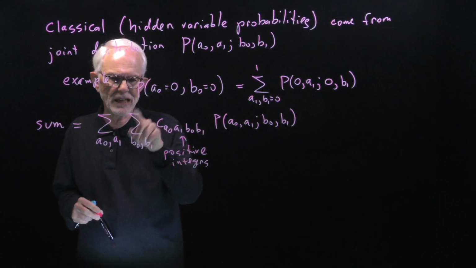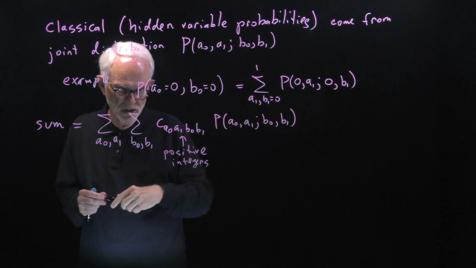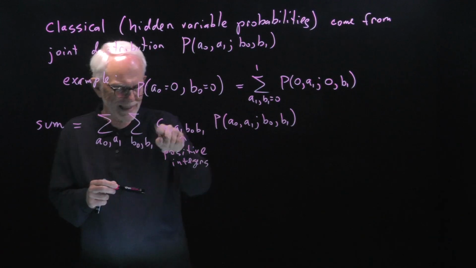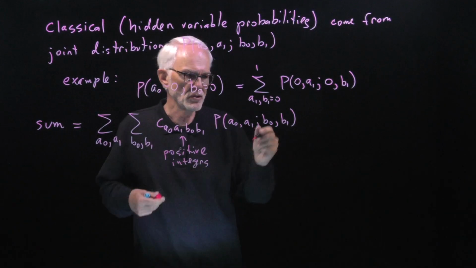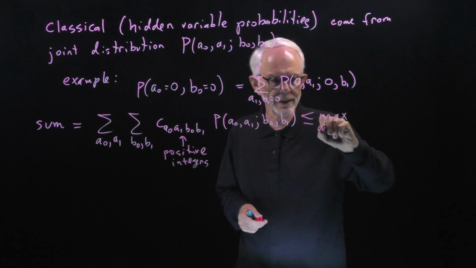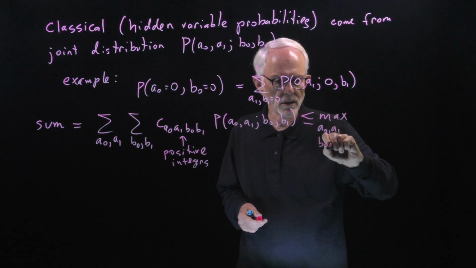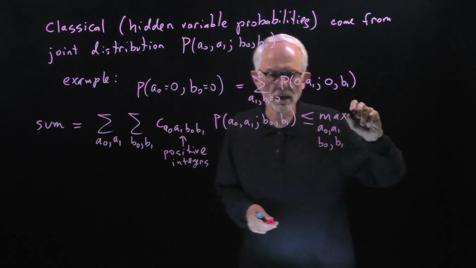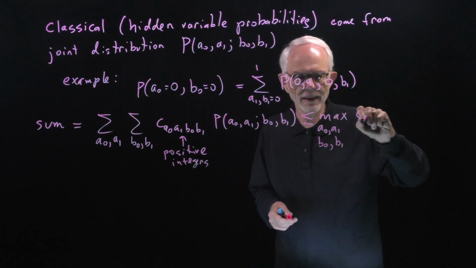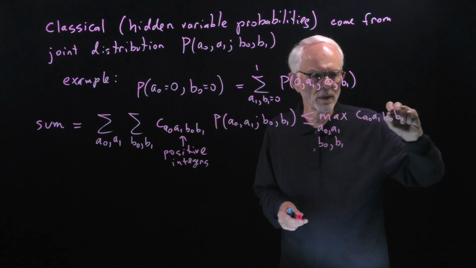So the maximum value of the sum is just going to be the biggest value of C(A0, A1, B0, B1). So this is going to be less than or equal to the max over A0, A1, B0, B1 of C(A0, A1, B0, B1).